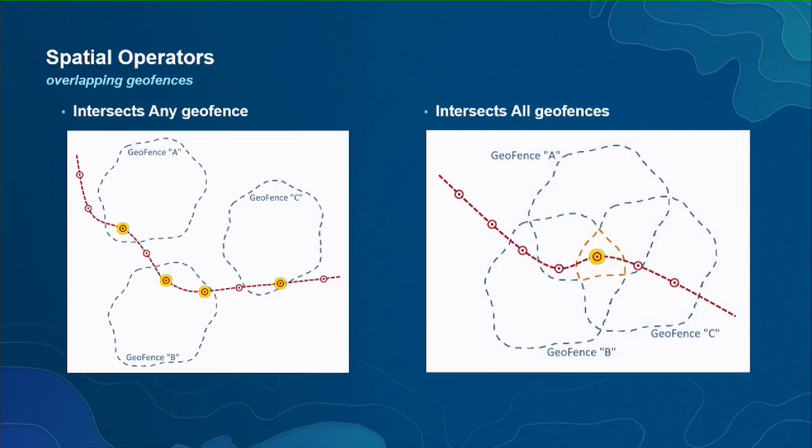Whereas if we restrict it to intersecting with all of them, with a similar string of GeoEvent messages represented by the points, only one of those points ever intersects with all of the selected geofences here. So you can see the distinction between the any and all scope in a filter expression.